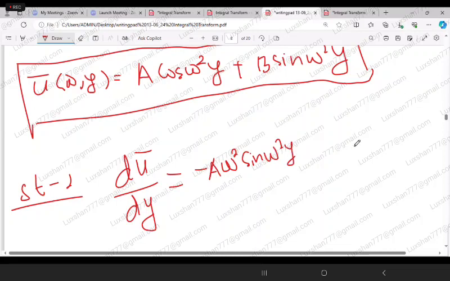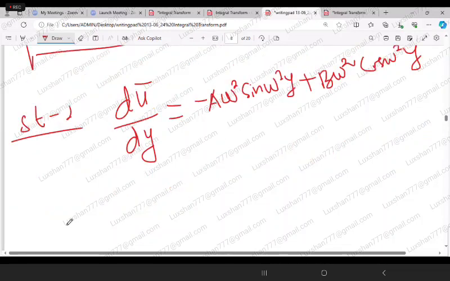This is the end of step number 2. Step number 1 is finding this equation. Step number 2 is differentiating this equation with respect to y. Do you understand up to now?